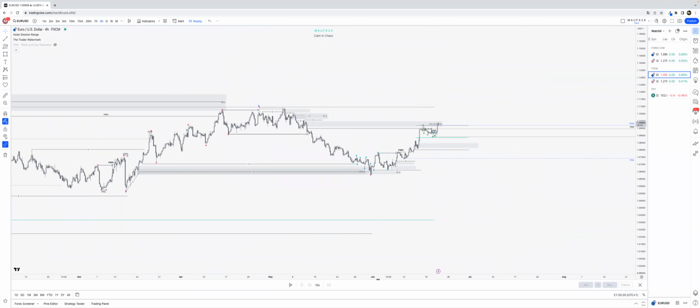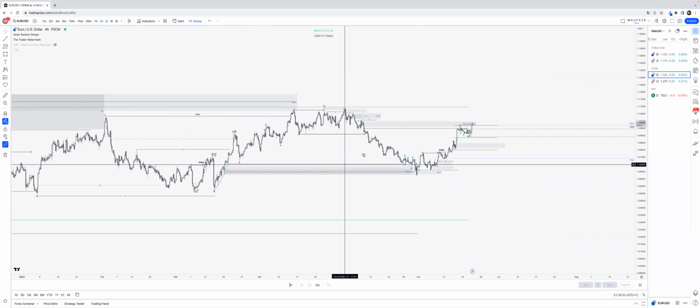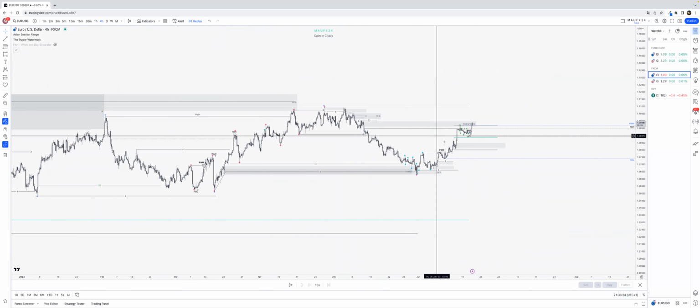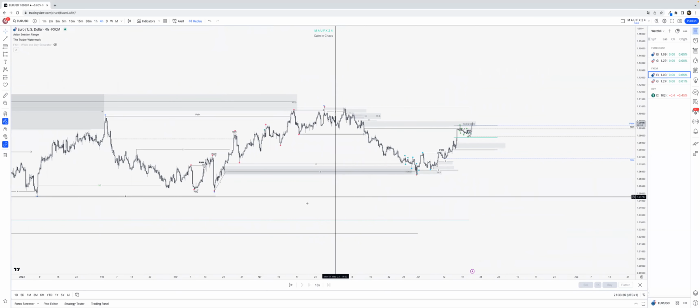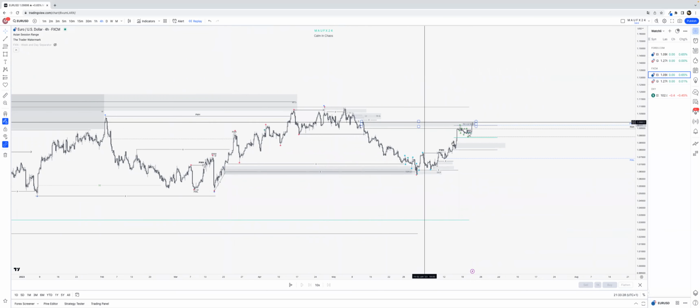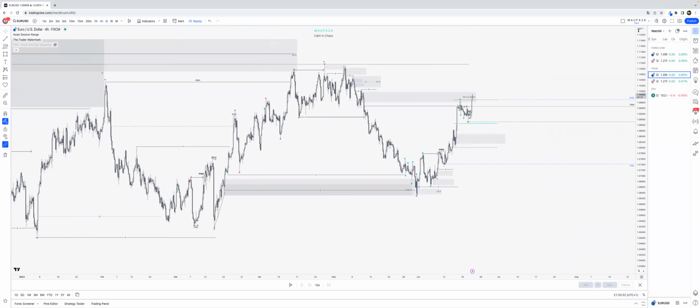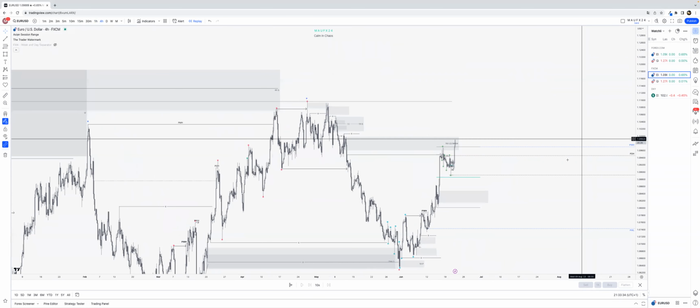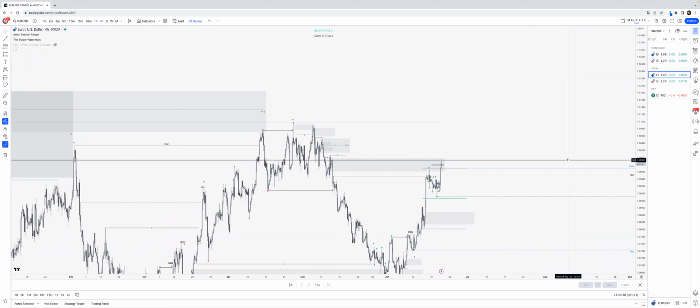The only thing against our trade is the most major blue structure here, but we got a couple minor structures that were pro bias, if to say it like that. So that's all right.